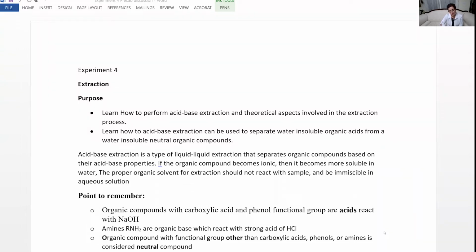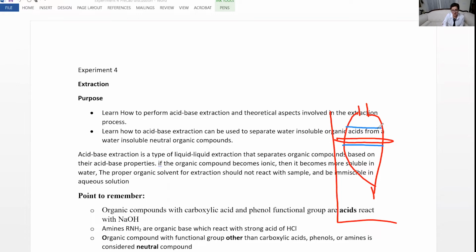In extraction, we are going to have 2 layers. We are using a separatory funnel, and in the separatory funnel, we are going to have 2 layers. One layer is going to be the aqueous layer, and the other layer is going to be the organic layer.